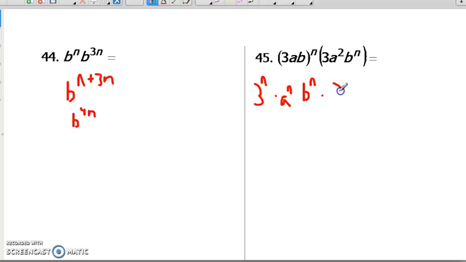All right, and then just rewrite 3a squared b to the nth power. All right. So 3 to the nth power is 3. Just rewrite this. Can't really do anything with that. A to the nth power times b to the nth power. So I really just want to see what can go together here.